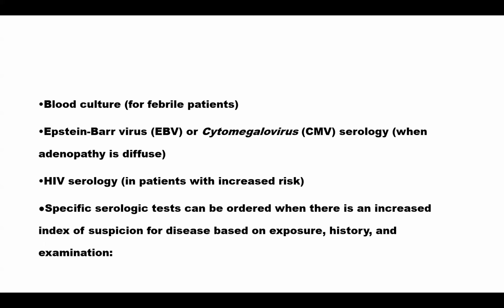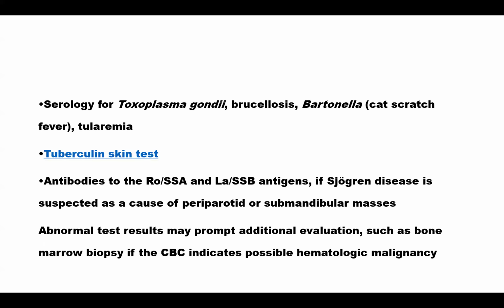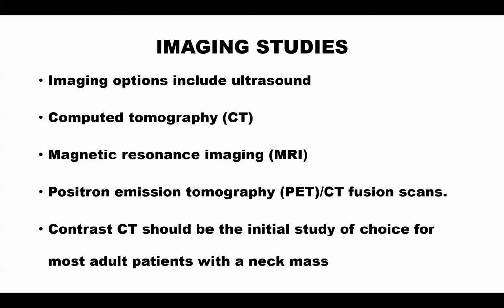Blood culture if patients are febrile, viral studies, HIV, Epstein-Barr, HPV and co. Specific serological tests can be ordered when there is an increased index of suspicion for disease based on exposure, history, and your physical examination findings. Well, tuberculin skin tests, you can have TB adenitis and all that.